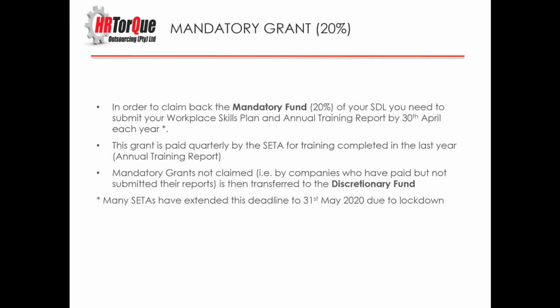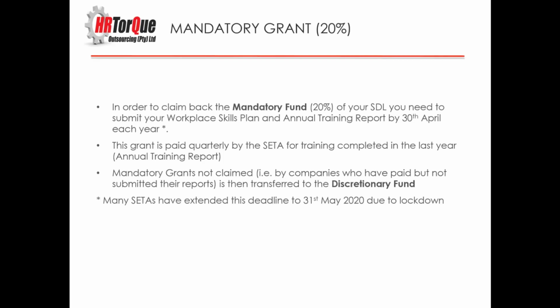All right, if we then have a look at the mandatory grants, now again, as I said, unless you have a very large salary bill, you're getting your mandatory grant predominantly because you have submitted your workplace skills plan and your annual training report. They do check that the training that you said you were going to do last year against the training that you have done.